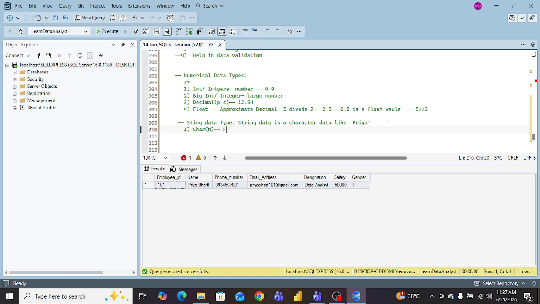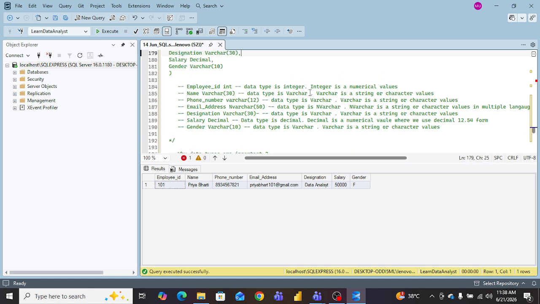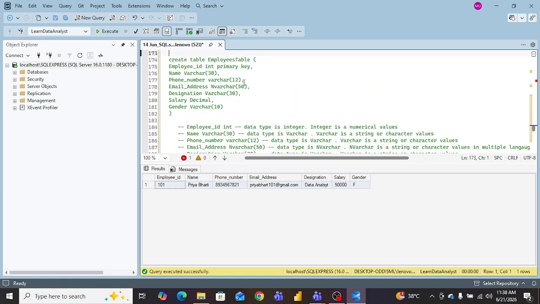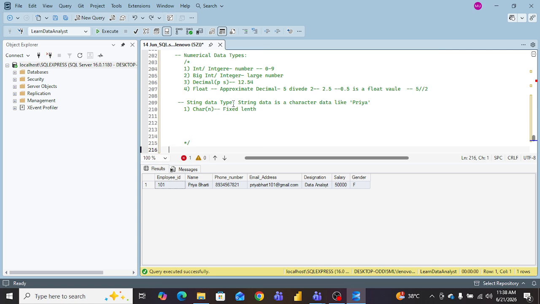What is the fixed length? As I mentioned here, I will give you an example. Char 12 means 12 characters only, char 50 means 50 characters only, char 30 means 30 characters only, right? So how many characters can we use here?